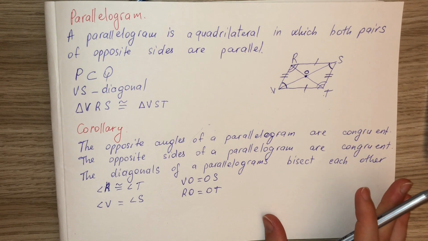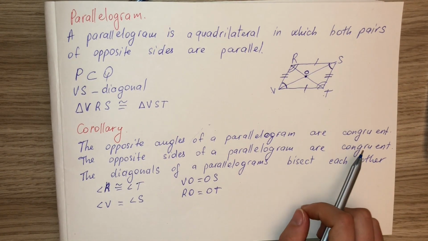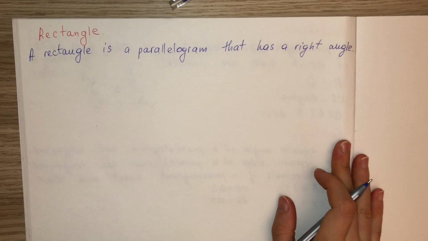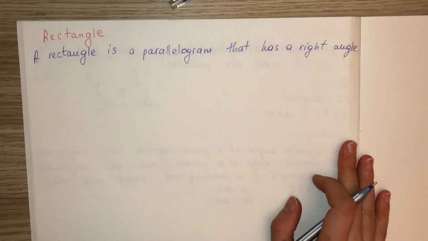Let's start our main subtopics, the rectangle, square, and rhombus. So, rectangle. A rectangle is a parallelogram that has a right angle.